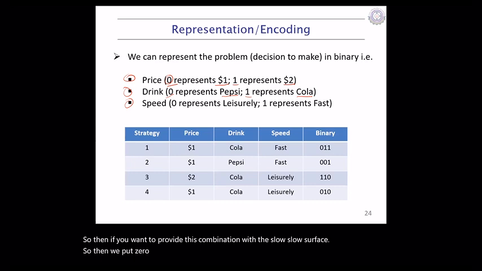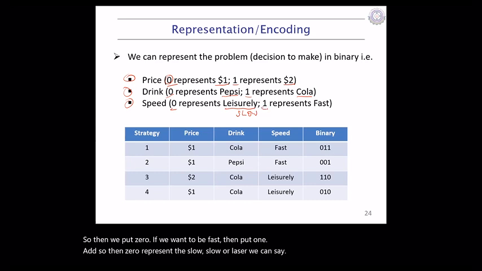If we want it to be fast, then put 1. So 0 represents slow or leisure, and 1 represents fast.